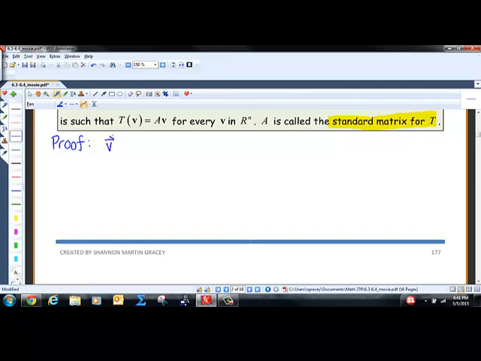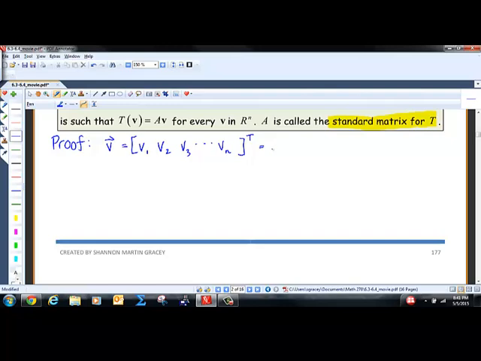Just for space's sake, we're going to write it as a row vector and then transpose it to be a column vector, and it's going to consist of all of these elements, v1, v2, v3, all the way down to vn, which is going to equal, what do you think?